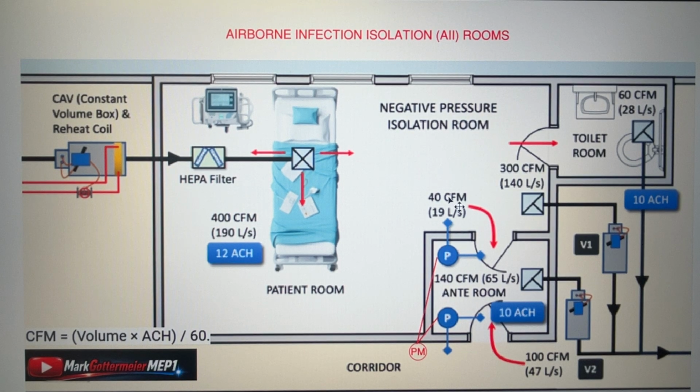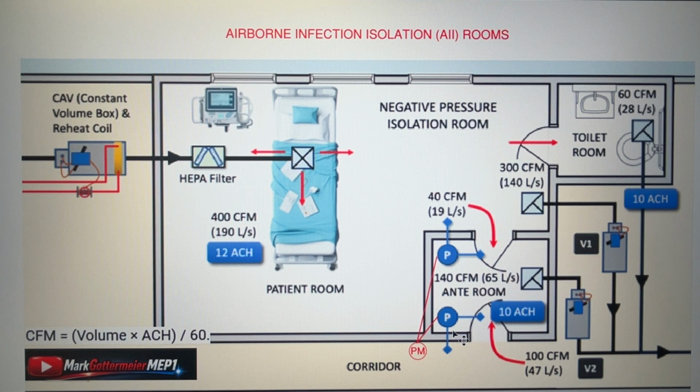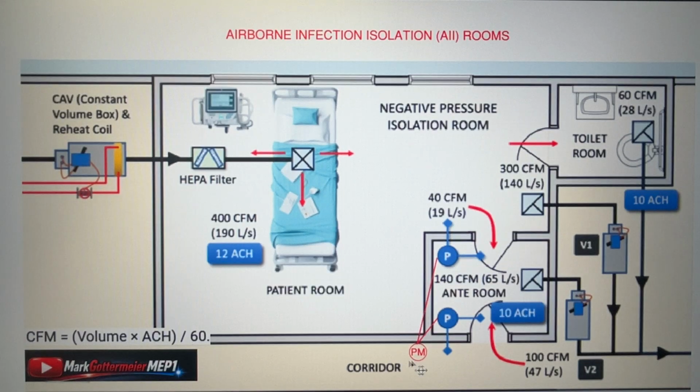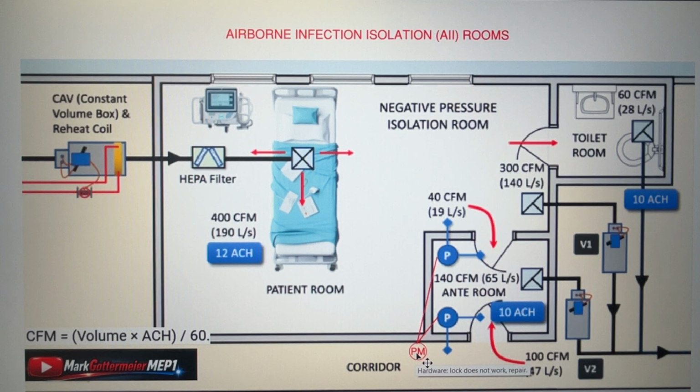We'll have one here, which is anteroom to the isolation room, and you'll have another pressure monitor that's from general population area into that anteroom as well. Those will be constantly taking readings, and those will go out to a pressure monitor that will be a visual screen out in the corridor for nursing staff, so that you can visually see what the air changes per hour are and what the pressure differential is.